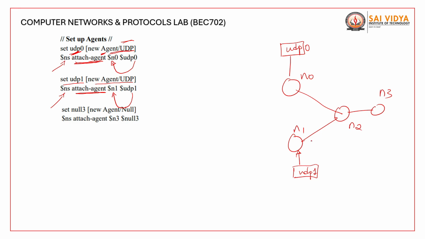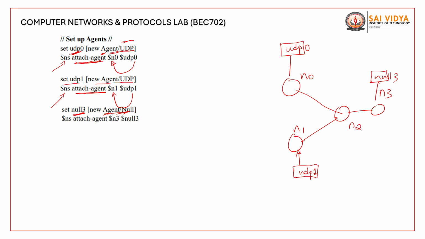The next very important thing here is we have to connect null here. So here null3. Again declare set null3 new Agent/Null. Please take care here. A is capital and N is capital, and the rest of the letters here are lowercase.